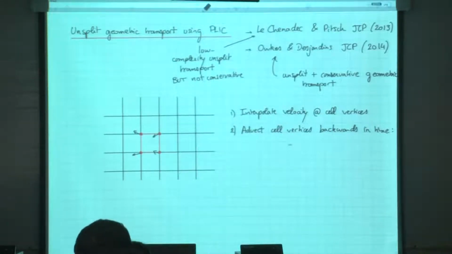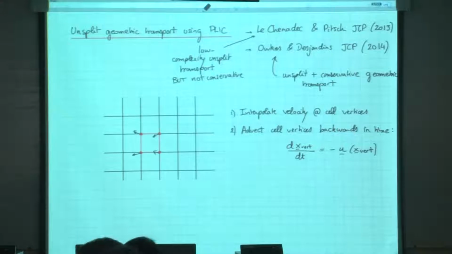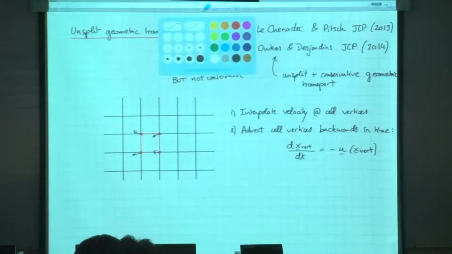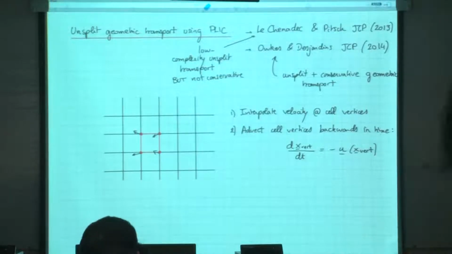So that looks like simply solving dx of the vertex over dt is equal to minus the velocity at the vertex location. Okay, so we're going to take those vertices and move them backwards in time. For this, forward Euler is the simplest thing. You can go up to Runge-Kutta type schemes.